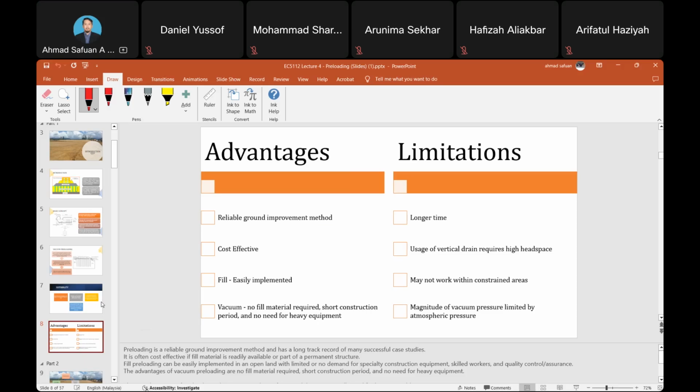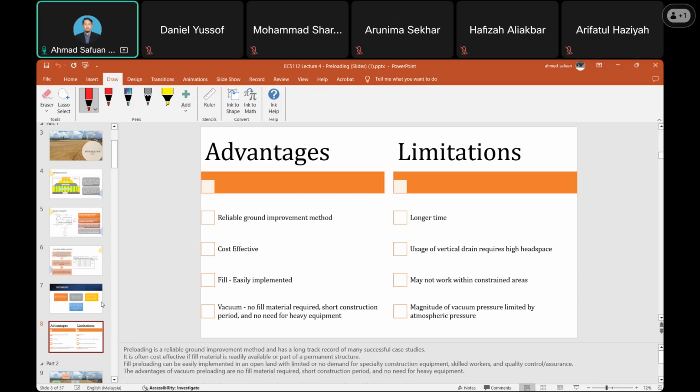Usually when we use the preloading method, the thickness of each layer before we reach the desired height is around 300 millimeter thick. After the compaction, we let it settle on the ground for at least 1 week.